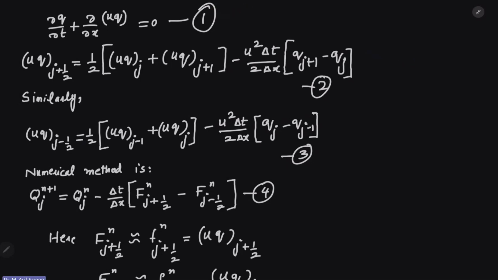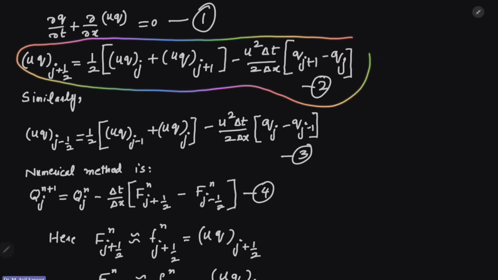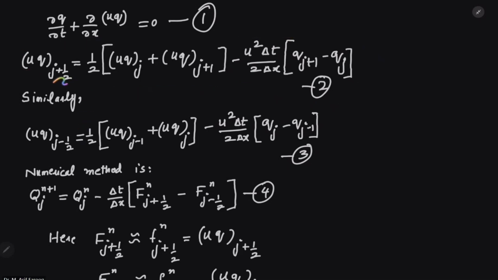So it means that if we are given this flux, then you need to find another flux yourself. For that, you replace j with j minus 1, then here again j minus 1, and so on.